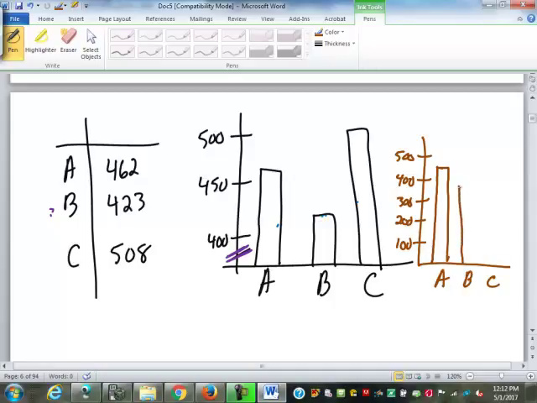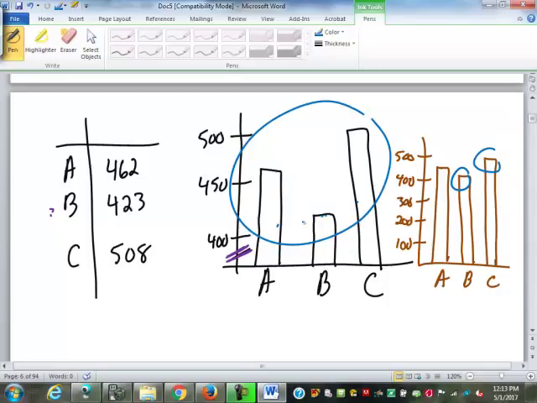B would go up like this. And C. So from that graph, I can still see that C is the largest and B is the smallest, but I see they're all fairly close in size, not this huge difference.